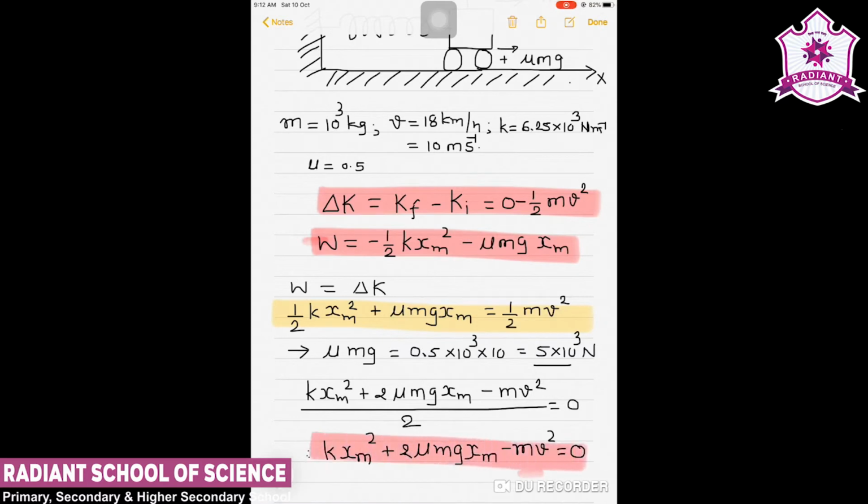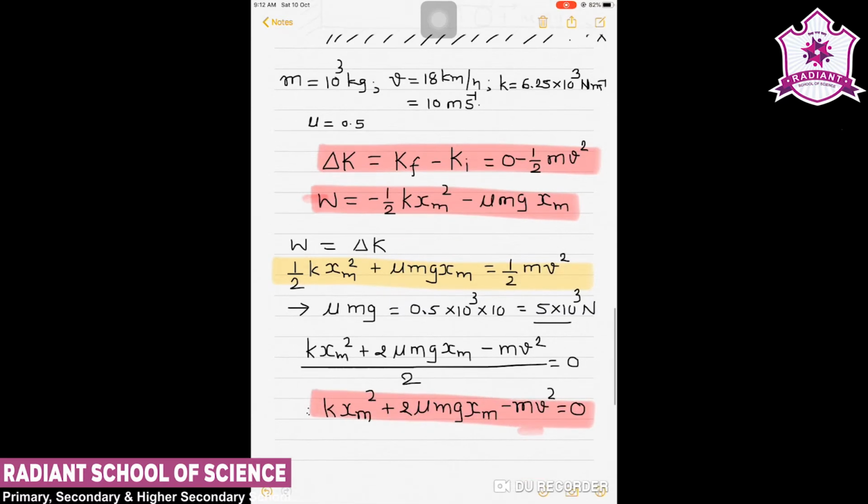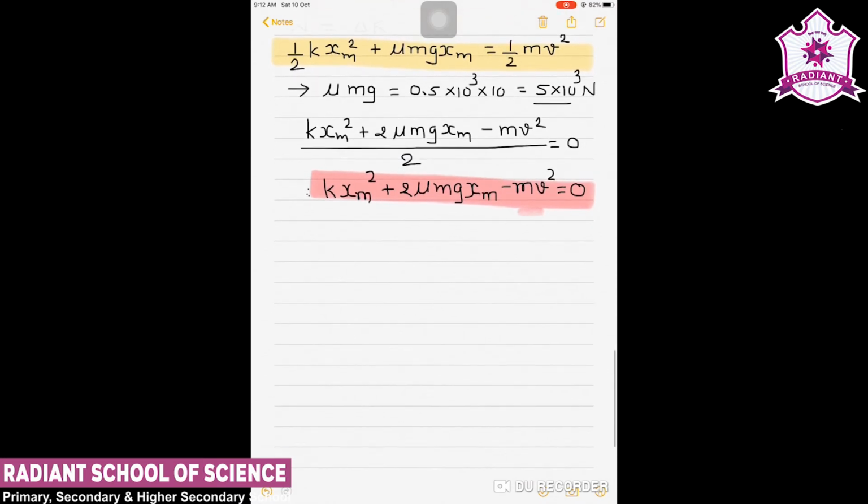By simplifying this, we get xm equals minus mu mg plus the square root of mu square m square g square plus m k v square, all over k.